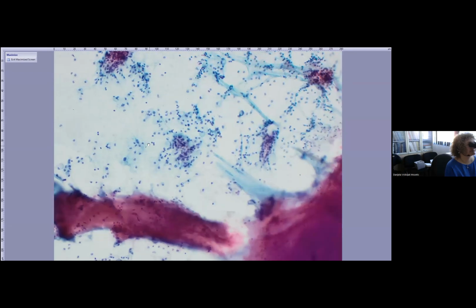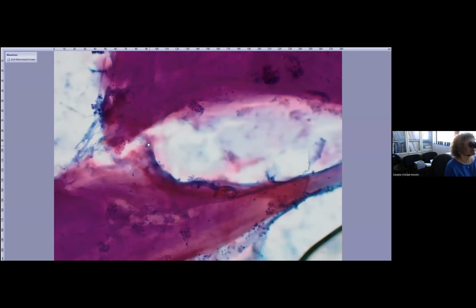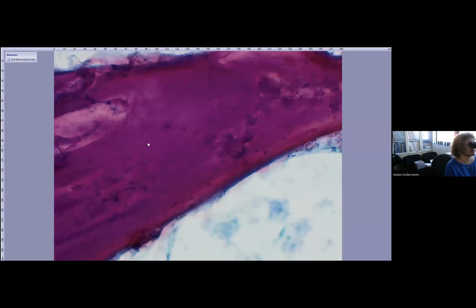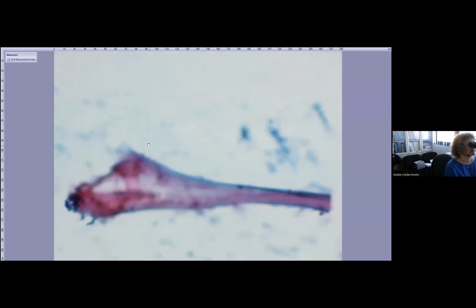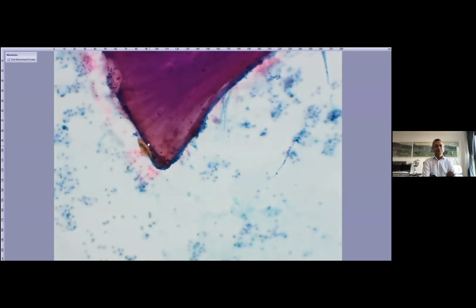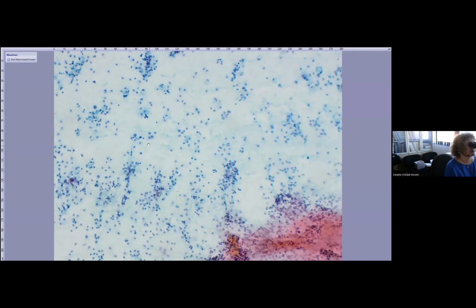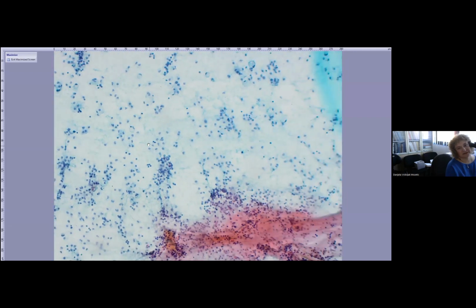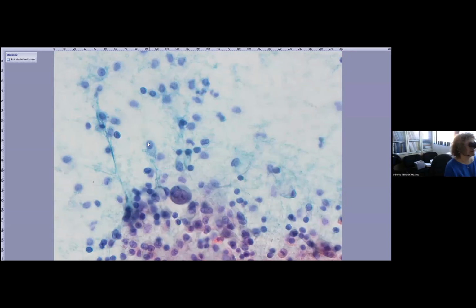But I think it's important to at least suspect that they might be there and to look hard for them. Yes, you can see here this mucinous material. There is a lot of it. And when you go down, maybe this is a little bigger, atypical cell with a nucleoli.